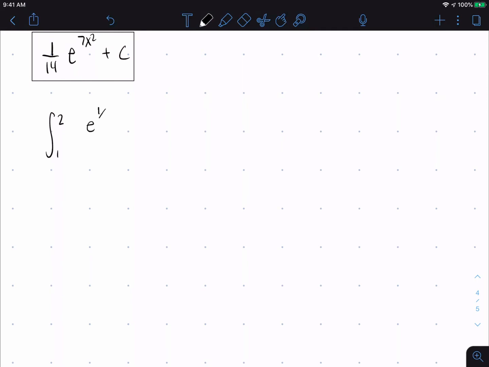So the integral of e to the 1 over x, over x squared dx. Now here in this example, in order to be able to do this problem, I'm going to use my u to be 1 over x. And the reason I'm going to do that is because I know the derivative of 1 over x is a negative 1 over x squared dx.